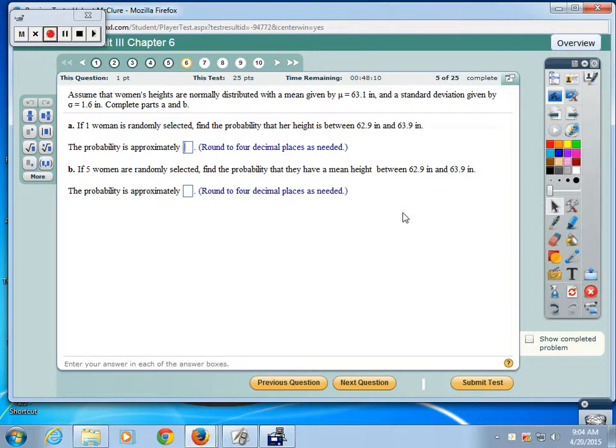Alright, try that one. Assume that a woman's heights are normally distributed. Complete parts A and B. This is 6.5.